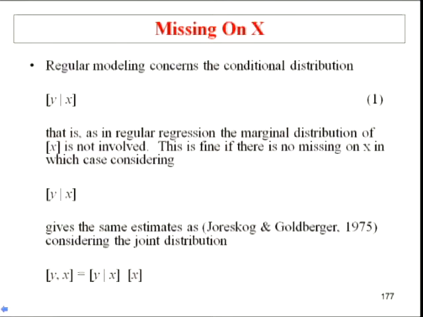And that's fine if there's no missing on X, in which case considering the conditional distribution gives the same estimates as considering the joint distribution. That's why structural equation modeling programs typically work with a joint distribution, even to the point of estimating parameters for X, which is not necessary.